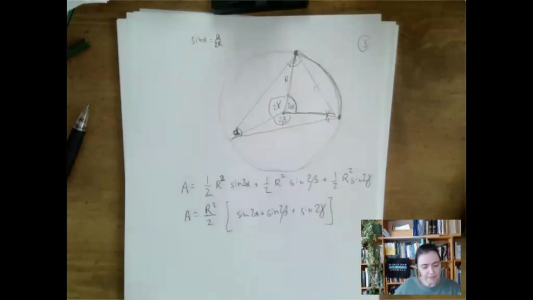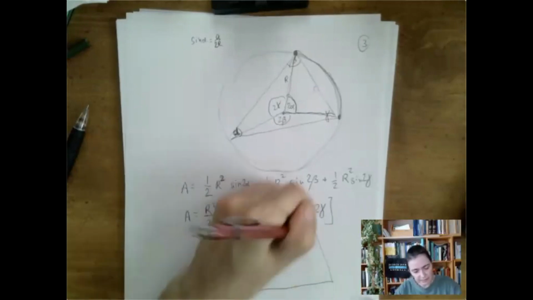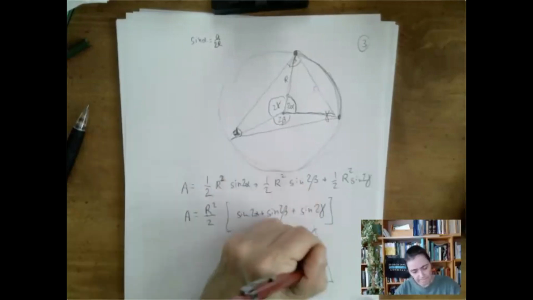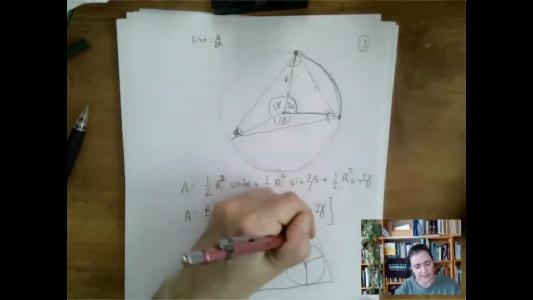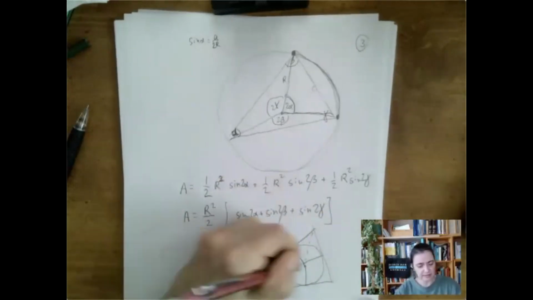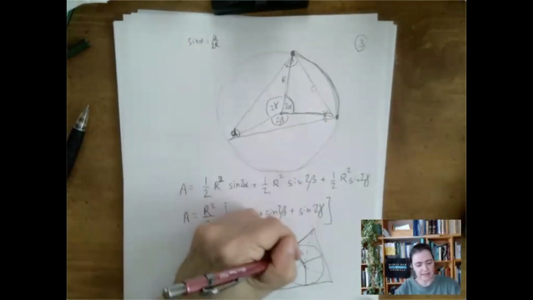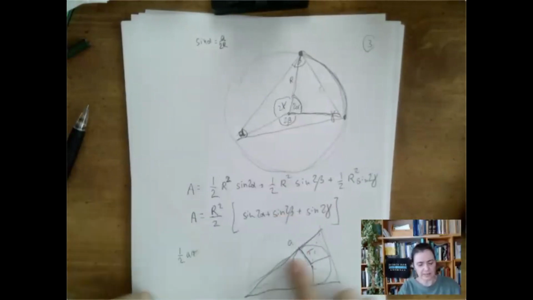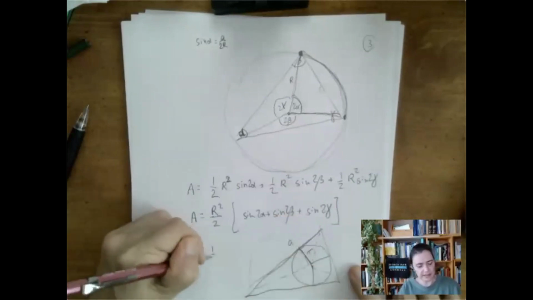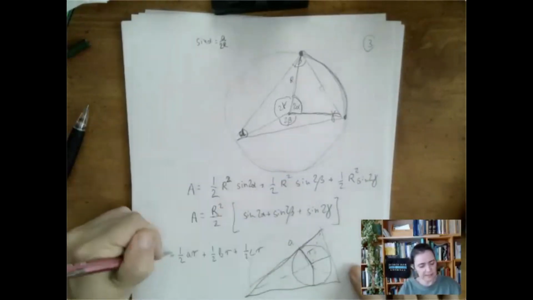Well, it kind of reminds me of when you have the inscribed circle. And then we split the triangle into 3 triangles with the same height now, right? If this is a and this is r, then it's 1/2 a times r is the area of this triangle plus 1/2 b times r plus 1/2 c times r, and that's the area.